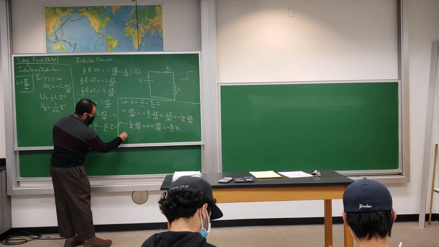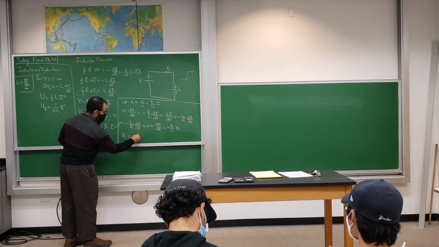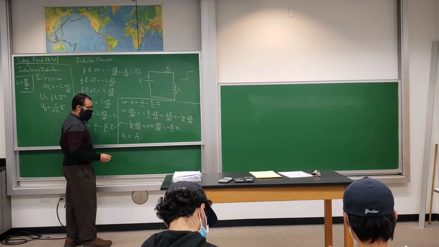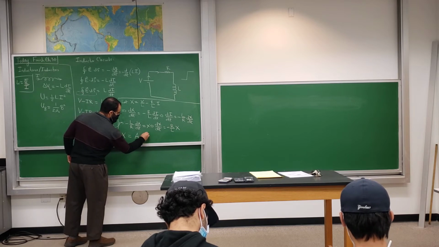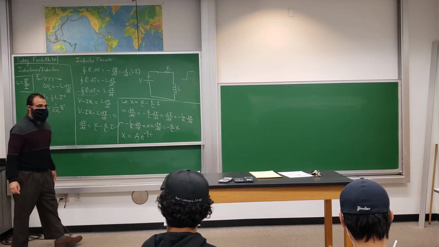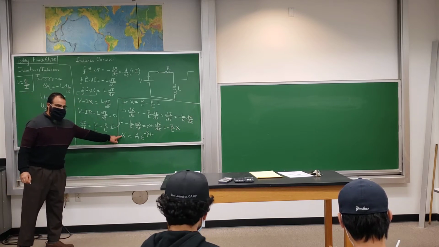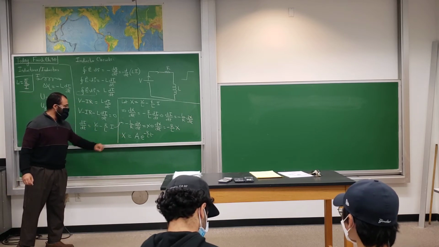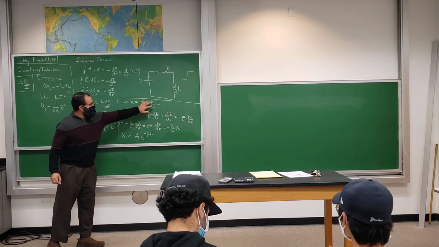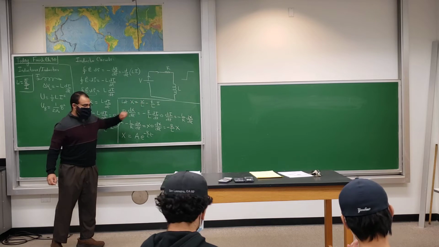Now this derivative of something equal to itself times a constant is the exponential function. So the solution would be x equals some constant A, which we'll determine in a second, times e to the minus R over L times t. That's the solution. And now we'll go back to our original variable. I'm going to replace x by this, going back to my initial symbols.